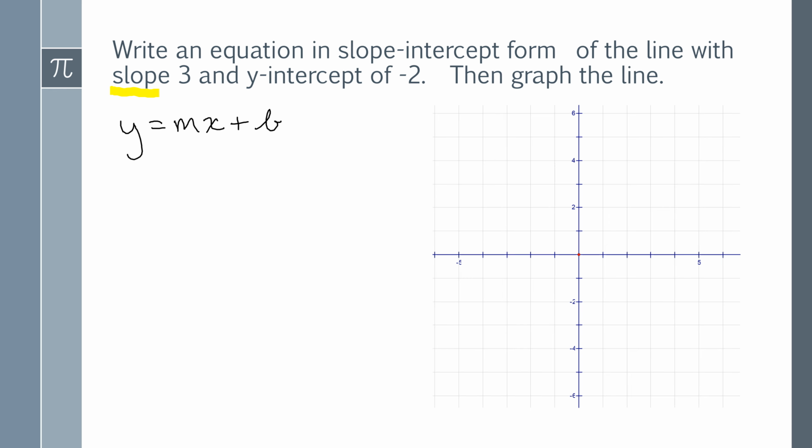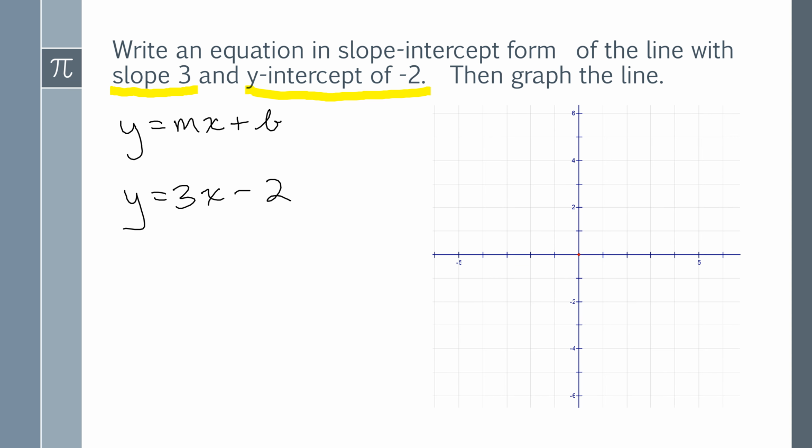It says the slope is 3. So y is equal to 3x, and then the y-intercept of negative 2, we would just write minus 2.